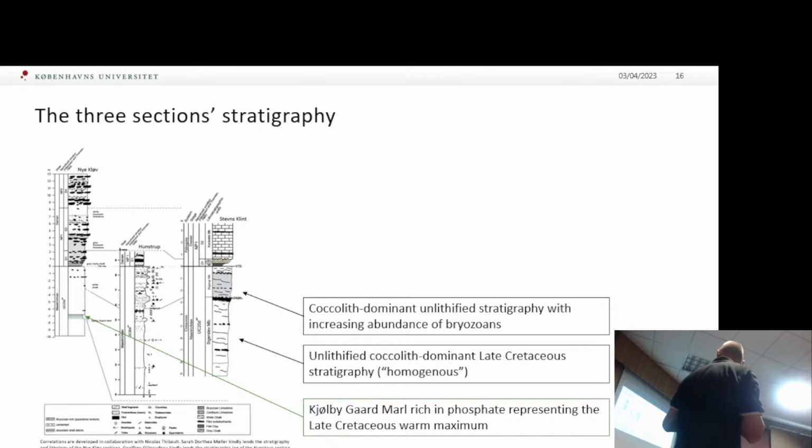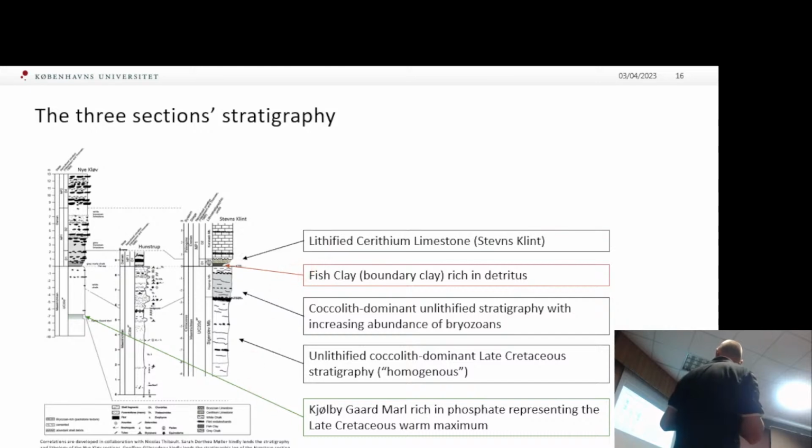Then only in Stevens Cliff we have an unidentified stratigraphy with an increasing abundance of bryozoans. And here is the very famous fish clay. It is represented in all three sections and is very rich in detritus.